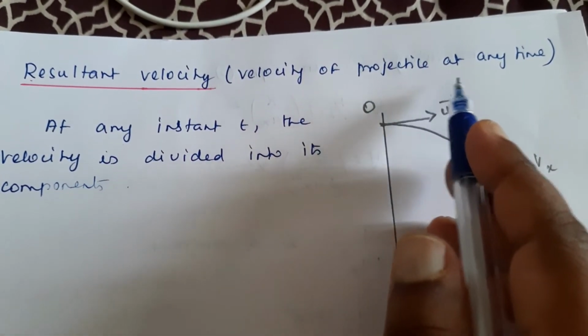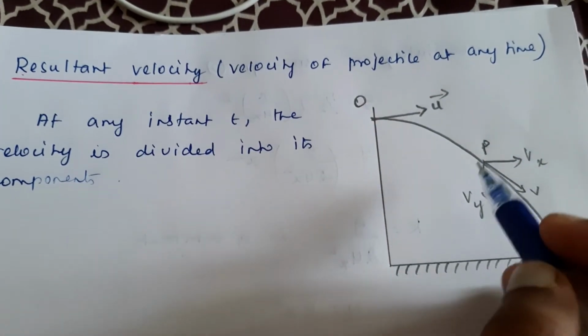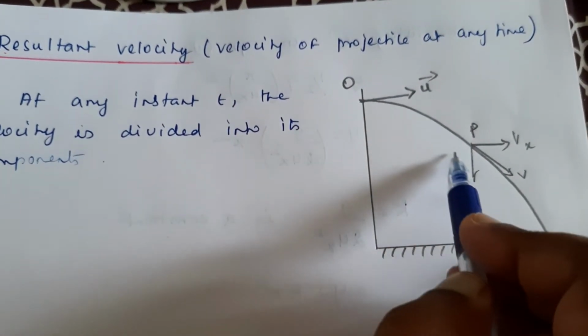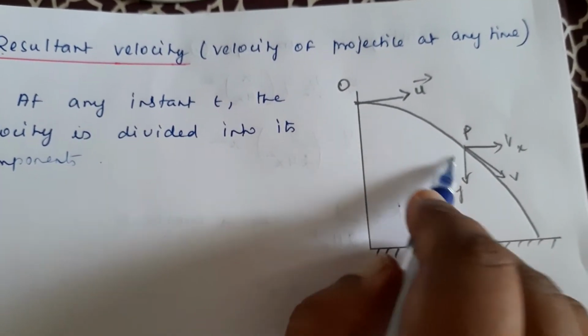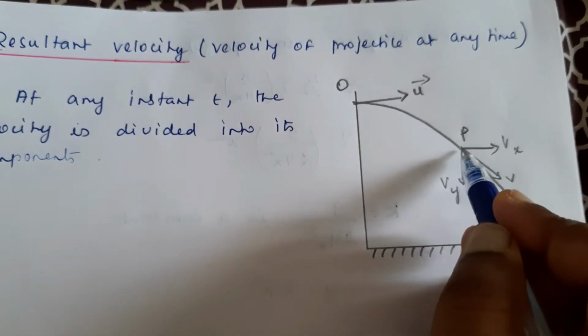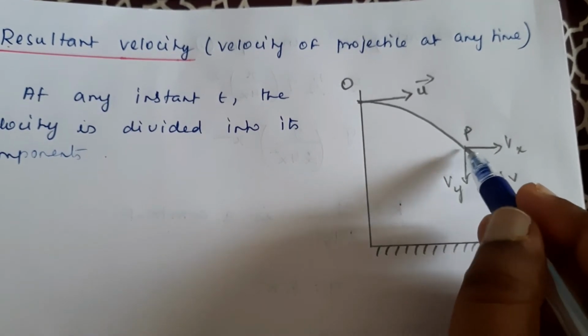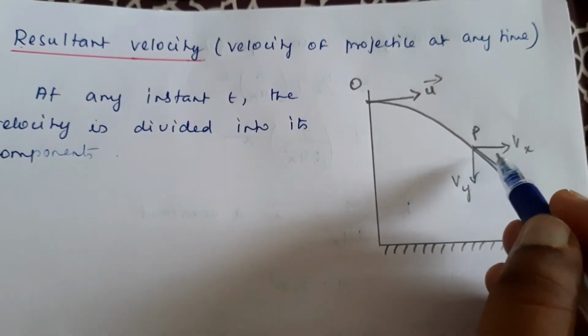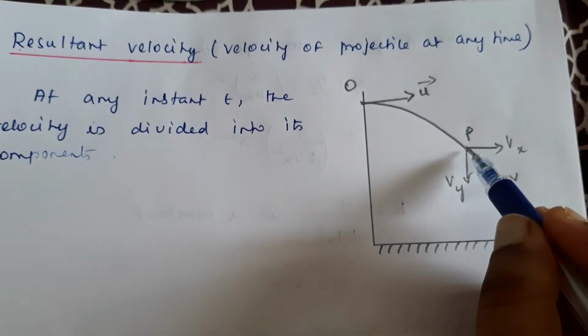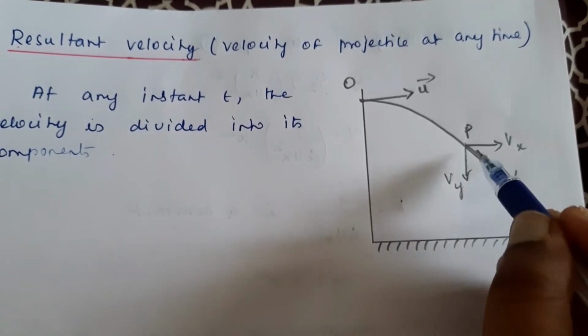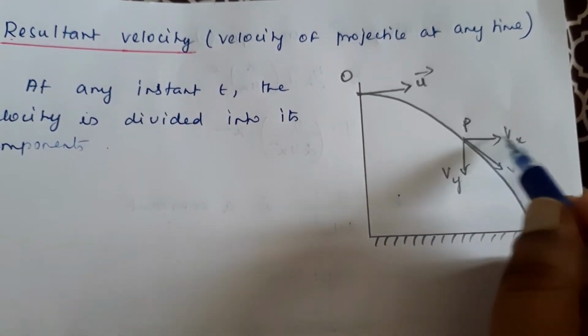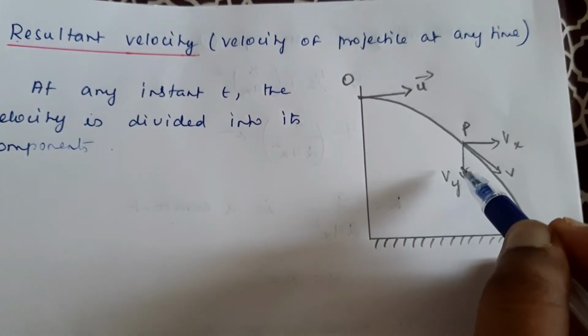Now resultant velocity. What is resultant velocity? The resultant velocity is the velocity of the projectile at any time. Now when the particle is moving in the horizontal direction and vertical direction, at point P, what is the velocity? Okay. So at any instant of time, the velocity is divided into its two components, that is horizontal component and vertical component. The horizontal component is taken as Vx and the vertical component is taken as what?